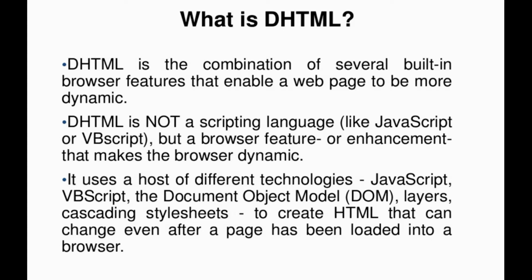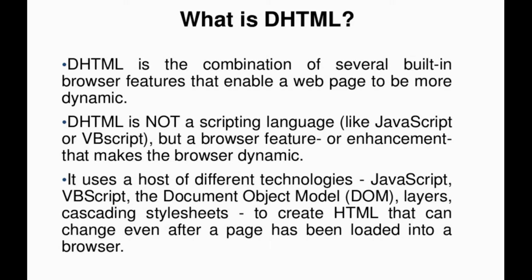Then, what is DHTML? DHTML is the combination of several built-in browser features that enables a web page to be more dynamic. DHTML is not a scripting language like JavaScript or VBScript, but a browser feature or enhancement that makes the browser dynamic.